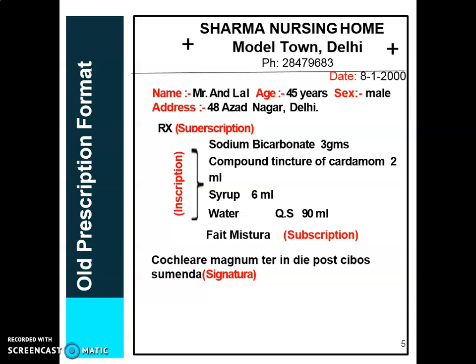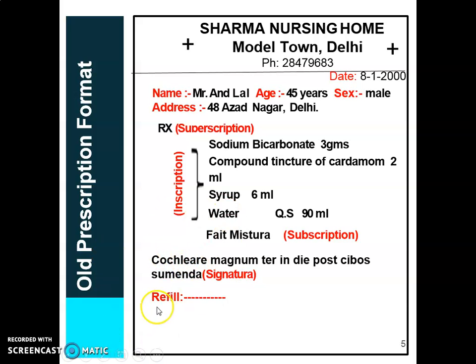This consists of direction to be given to the patient regarding administration of the drug. In this format, these Latin words translated into English as 1 tablespoonful to be taken 3 times a day after meal.